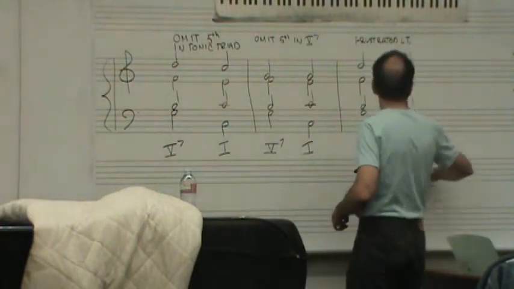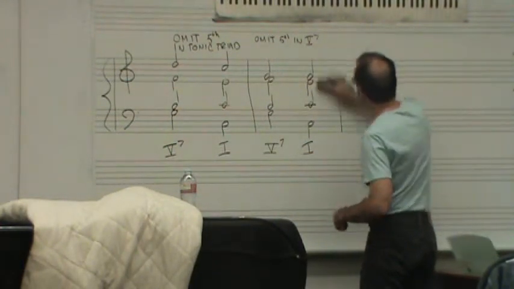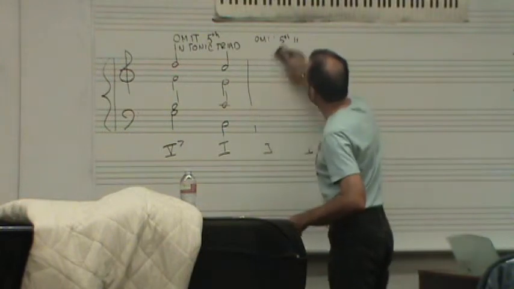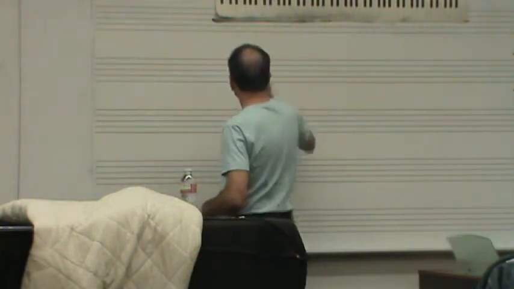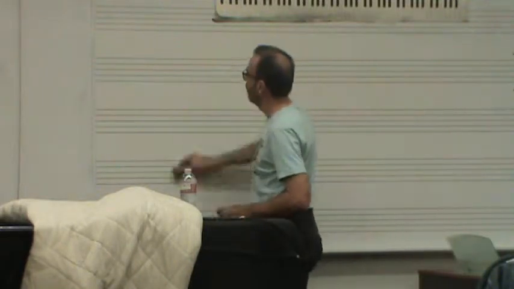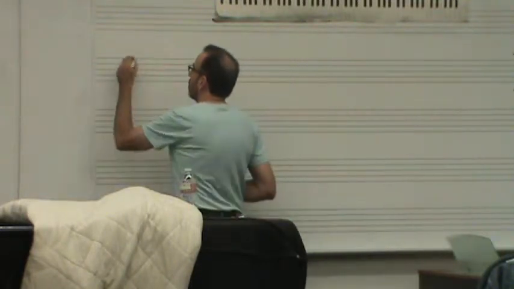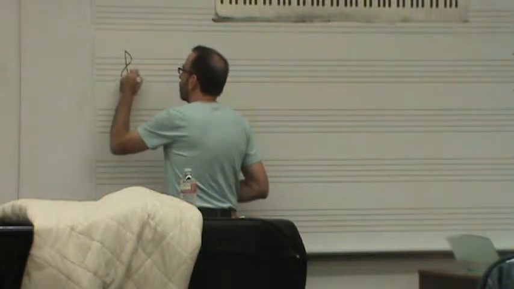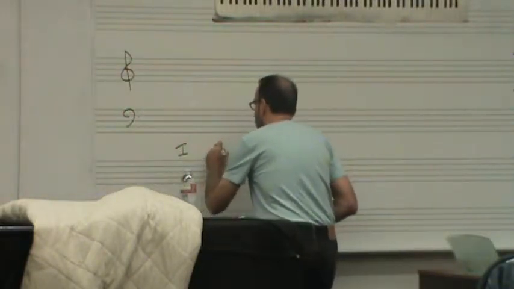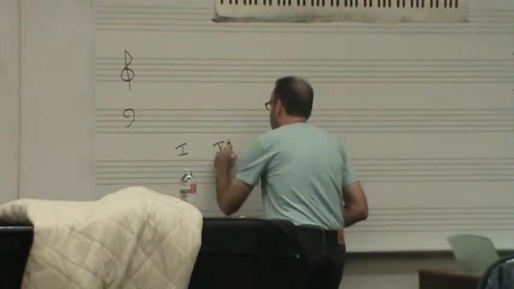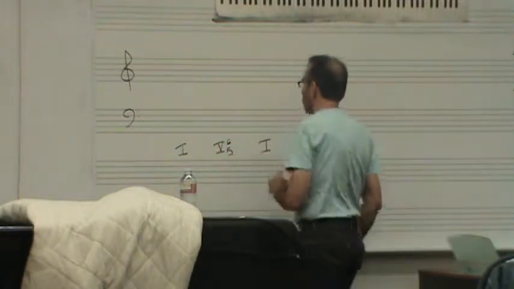And let's go on from that to talking about writing them in inversion and how that's going to resolve. So let's say I'm writing the progression 1, 2, 5, 6, 5 to 1.